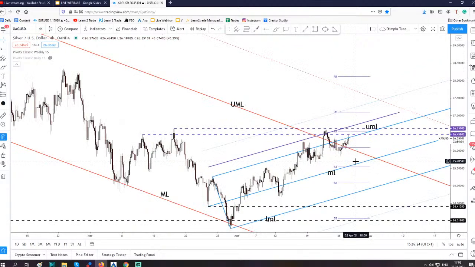It could stabilize right above the upper medium line of the major descending pitchfork, and maybe a new higher high here could signal a further growth. Okay, thank you guys. So the price of silver could jump higher if gold continues to increase as well.